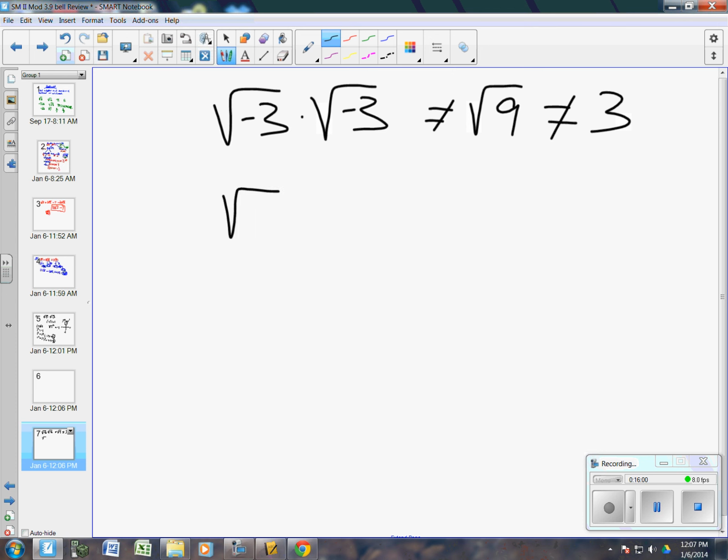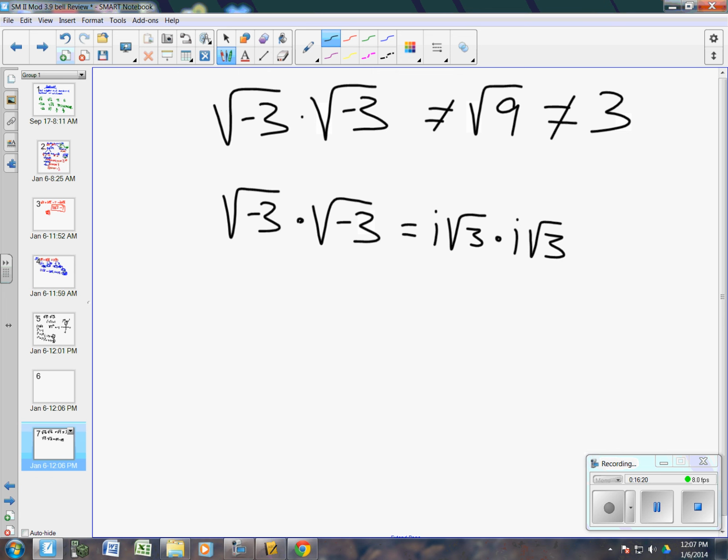Order of operations says that we got to do exponents first. And in this case, we've actually got to do the imaginary numbers first. This really should be written as I root 3 times I root 3, right? Because you have the square root of a negative number.